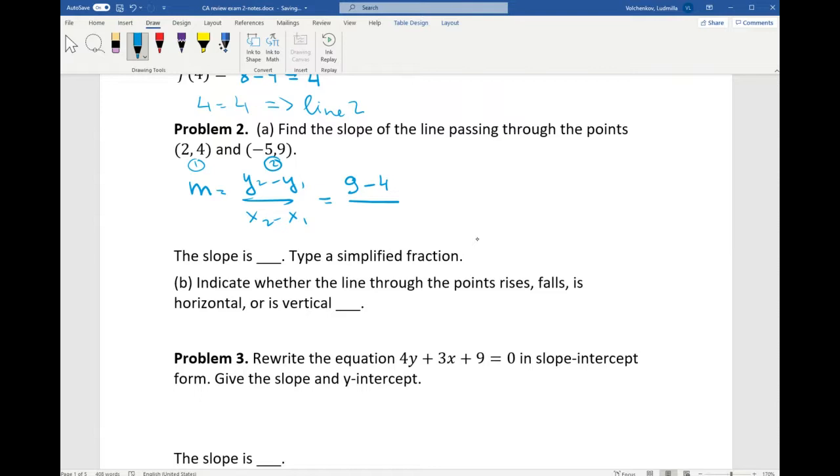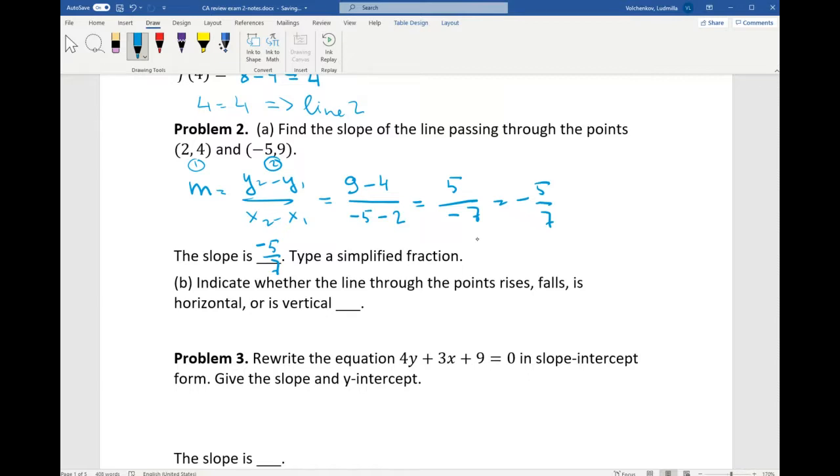It is important that the second point is in the first place, both in the numerator and in the denominator. So x2 minus x1, -5 minus 2. Simplify: 9 minus 4 is 5, -5 minus 2 is -7. The slope is -5/7, and you simplify if needed.